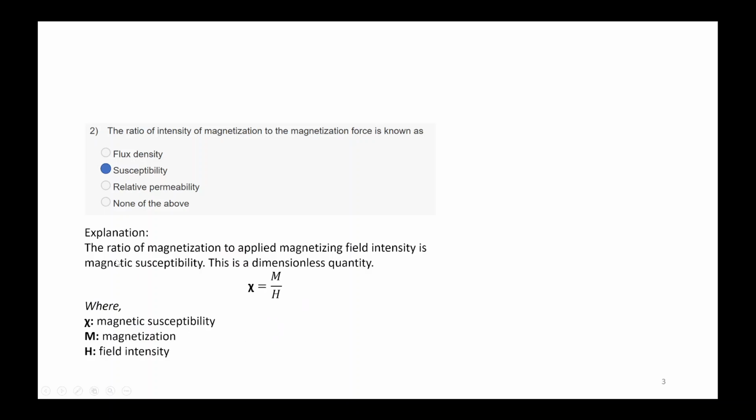We can explain this by saying that the ratio of magnetization to applied magnetizing field intensity is magnetic susceptibility. So this is magnetization divided by field intensity. This is a dimensionless quantity, and these are the symbols and what they mean.